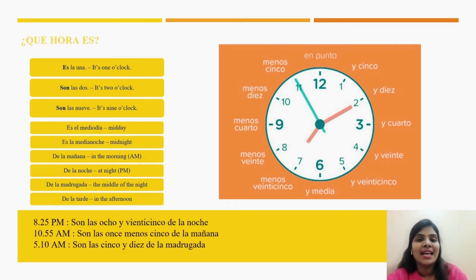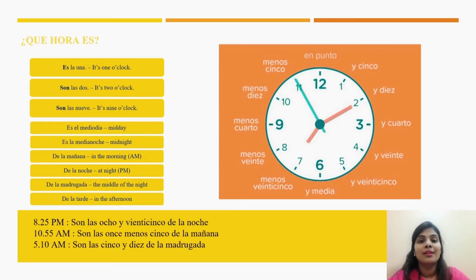Midday is es la mediodía. Oh my god, it's an exception. People, you will have to learn it. So es el mediodía, it's midday, and es la medianoche, which would be midnight.